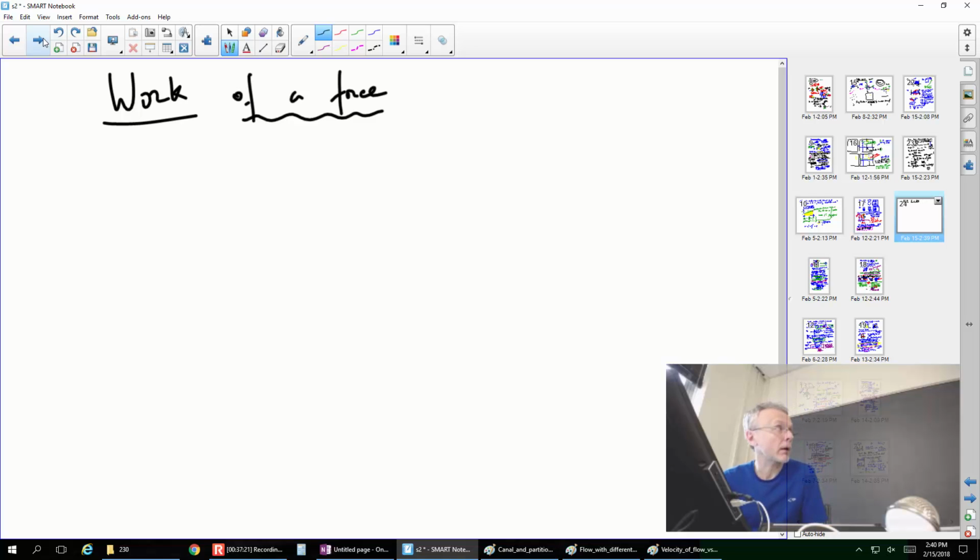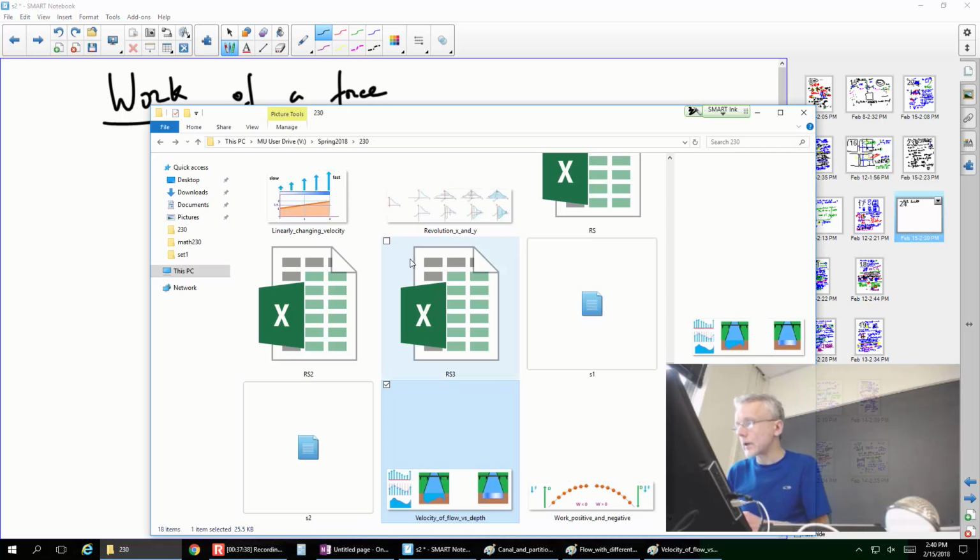Either way, it doesn't really matter. The amount is the same. So everything depends on two things: your motion, as well as the amount of the force.